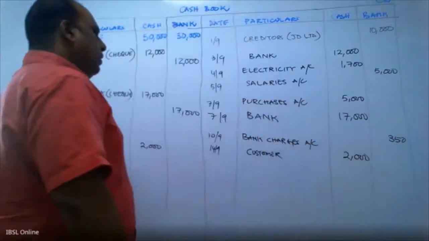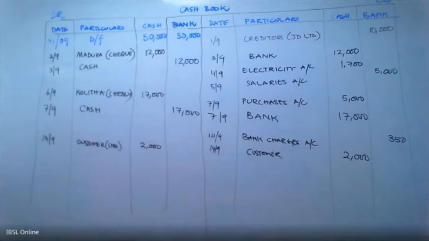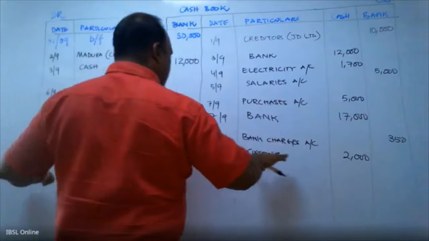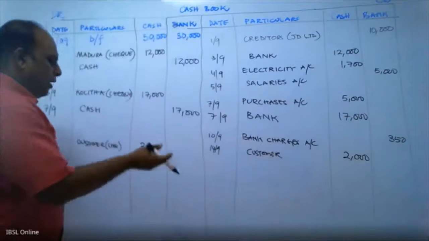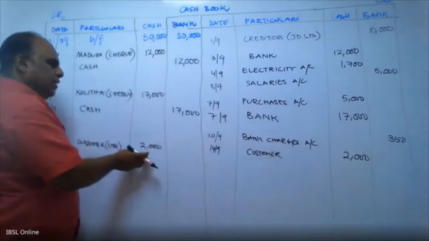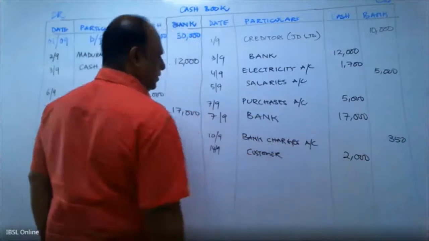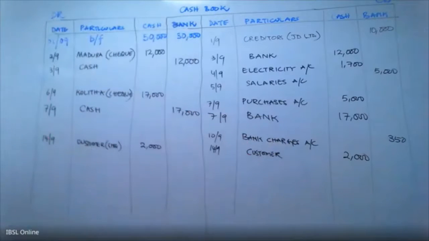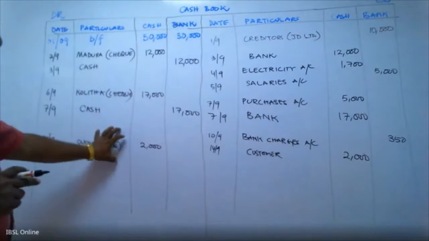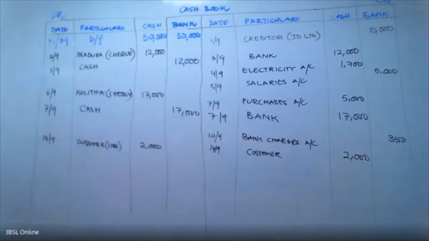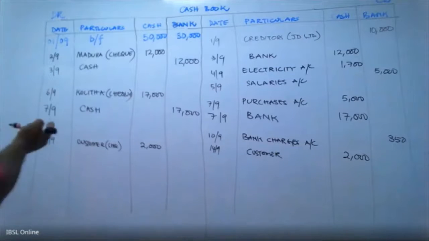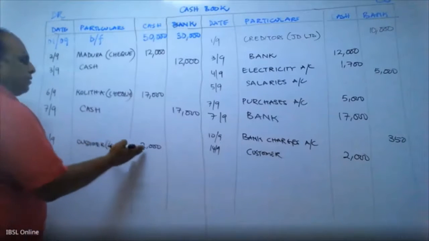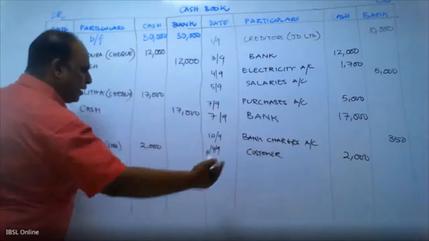So basically what happens here is there is no impact to this transaction as far as the business is concerned, because you have received a check instead of giving cash. Now what happens if this check gets bounced when you deposit it? Then only you have a loss, because you trust this customer and you accept this check and give them cash.